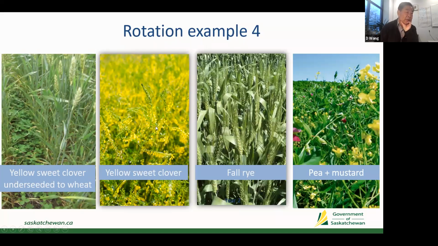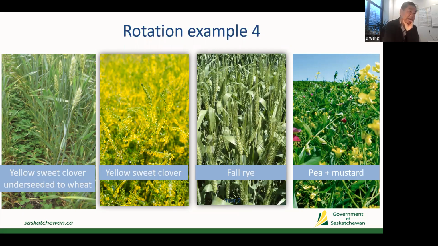In year 2, the yellow sweet clover starts early and grows fast, and it produces chemicals that keep the Canada thistle from growing. By early or middle of July, the yellow sweet clover starts flowering. At that time you could terminate it, either using a roller-crimper or using tillage.